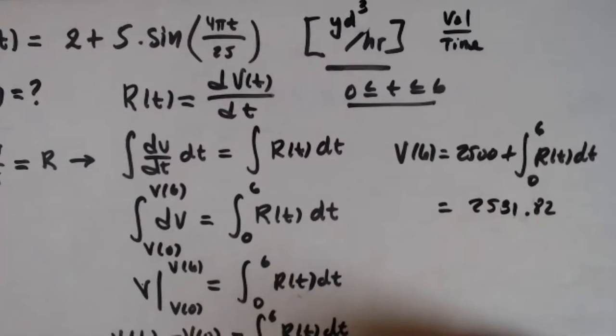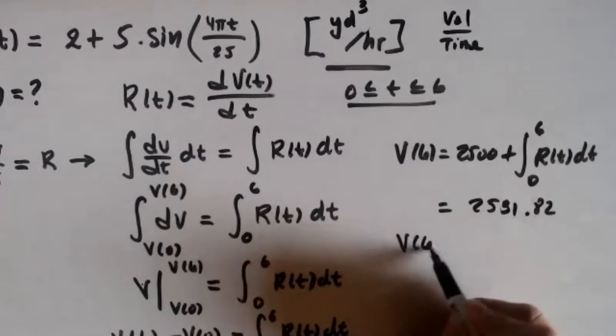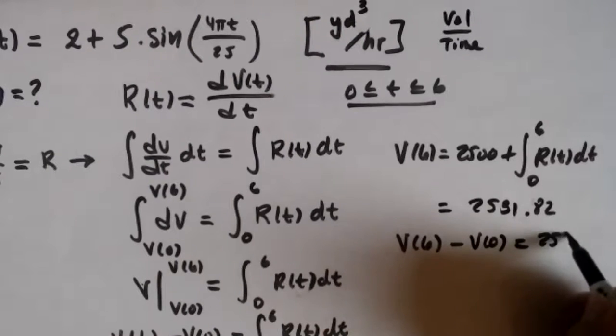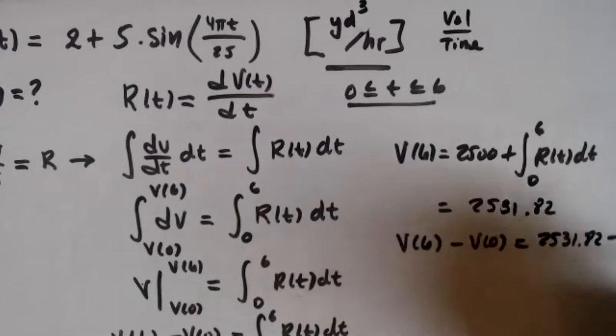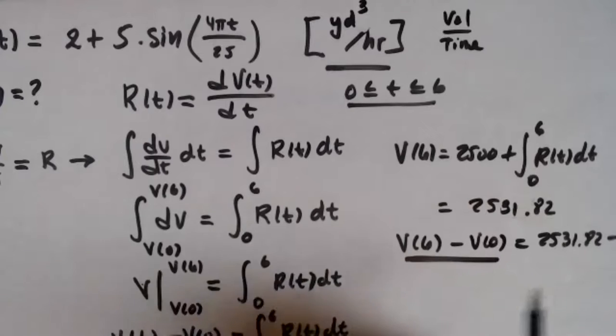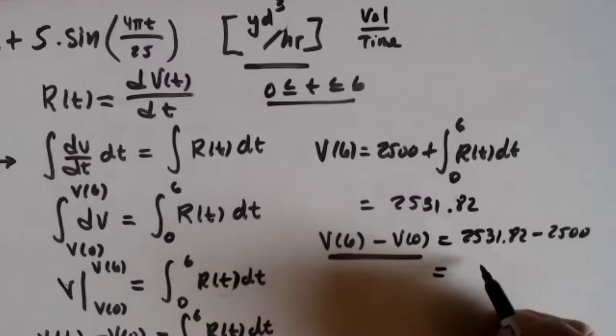Now, in this case, how much sand will the tide remove from the beach during the 6-hour period? The only thing I have to do is V of 6 minus V of 0, which is 2531.82 minus 2500. So this is the net volume that is going to be removed. It's going to be very simple.